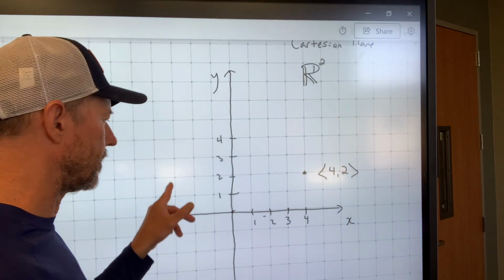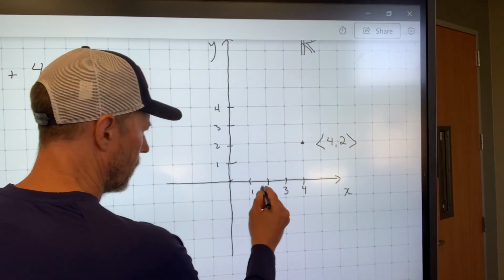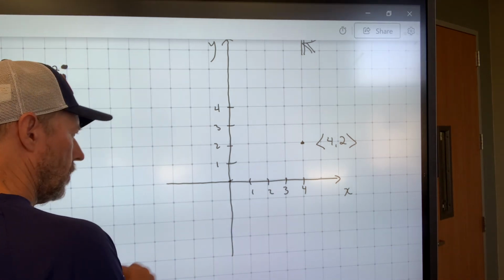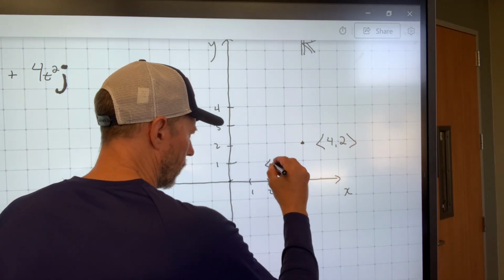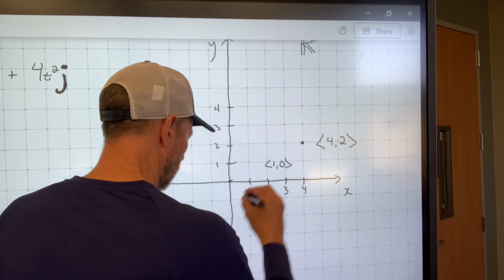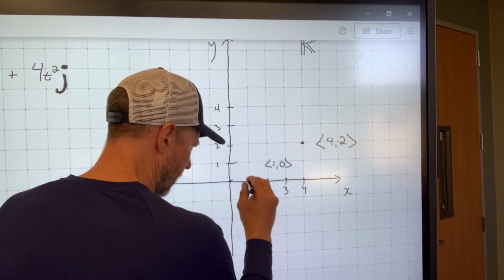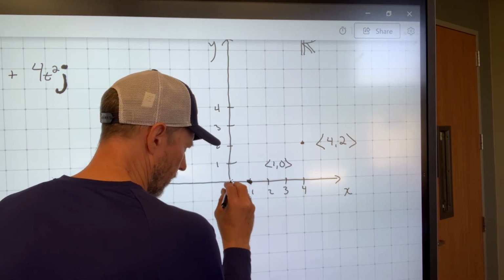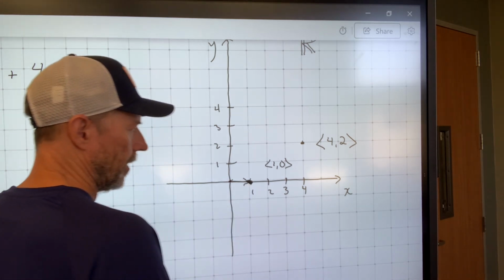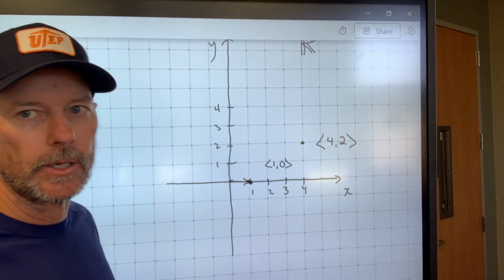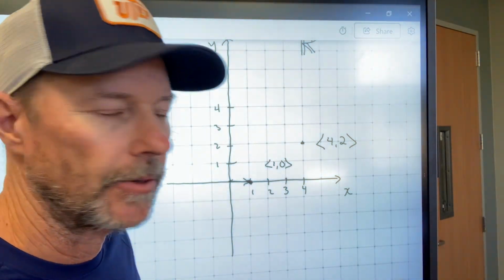And they are simply the vector 1, 0, which is that vector right there. If I were to draw the magnitude, there it would be. We would call that direction 0 because the angle it forms is 0 degrees.